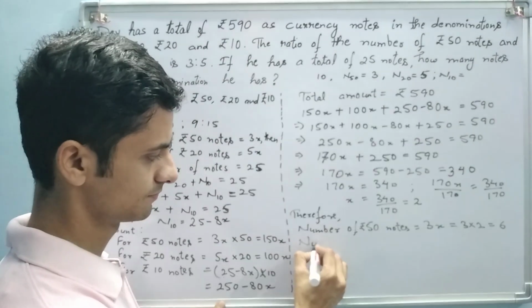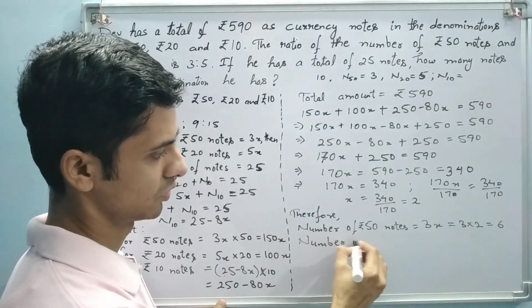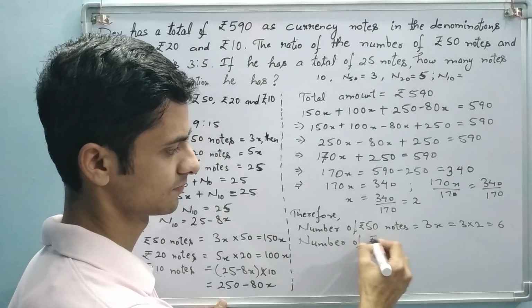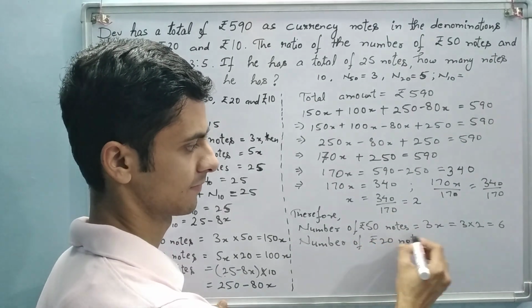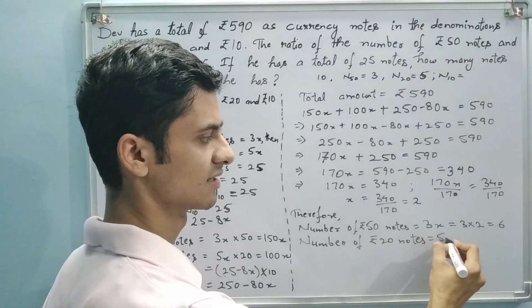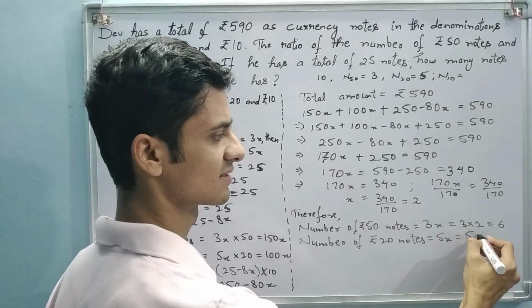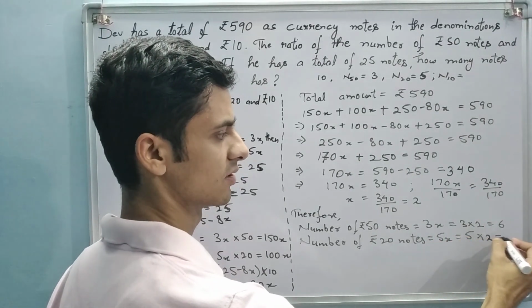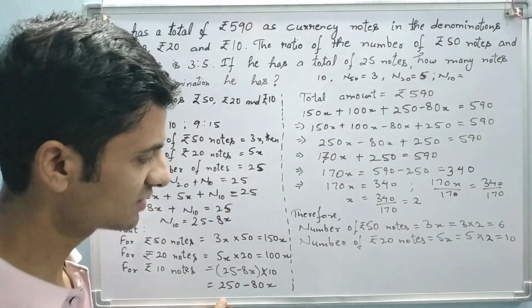Number of 20 rupee notes is 5x. 5x means 5 into x. x is 2, so 10 notes of 20 rupees.